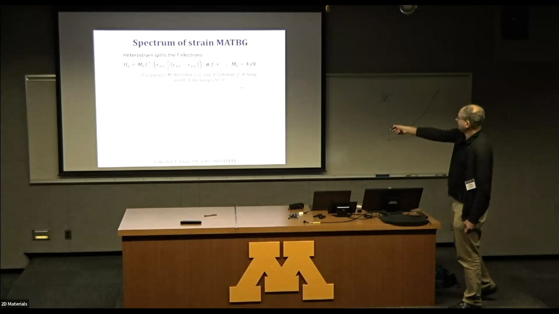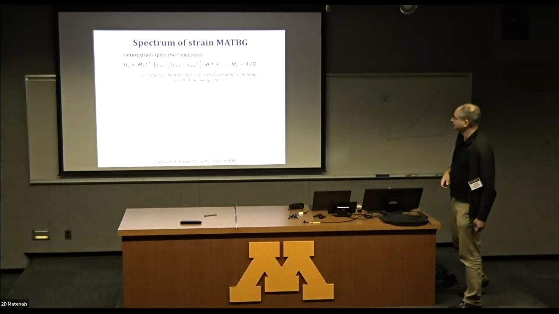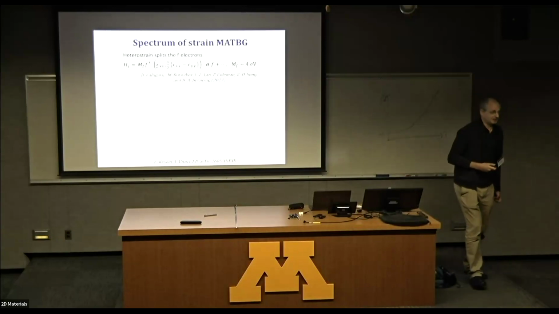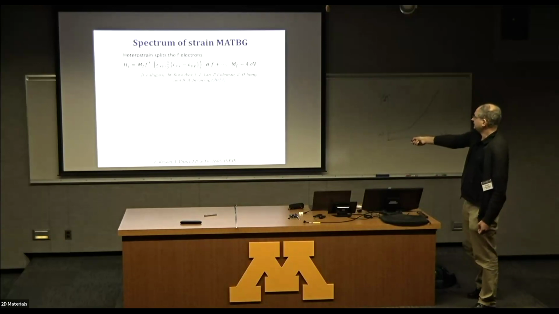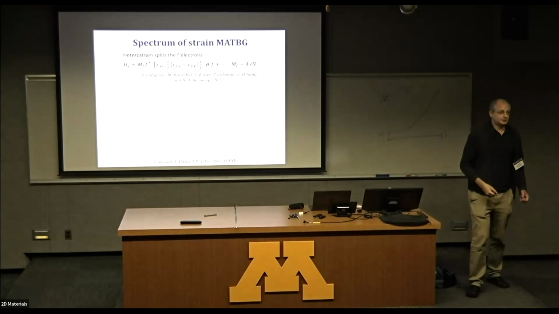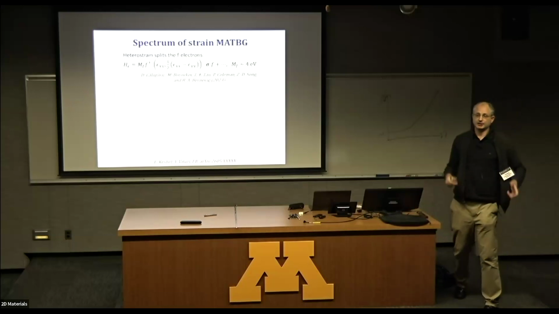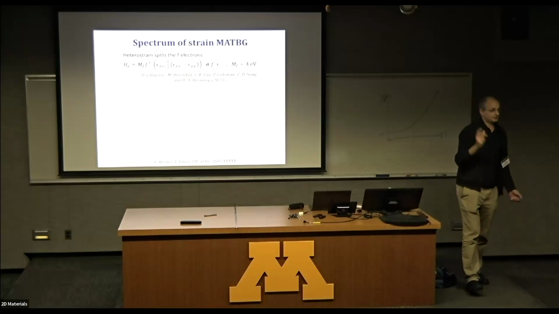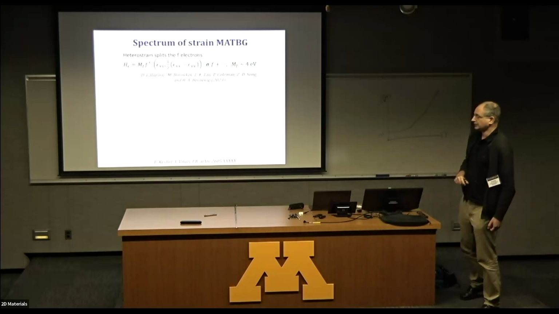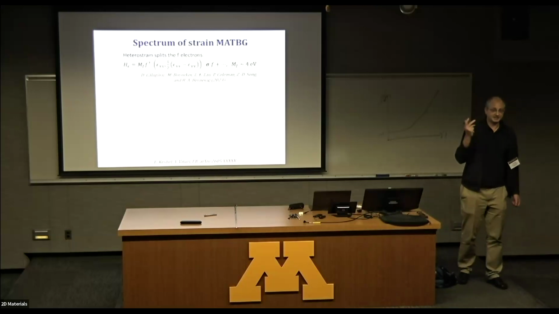So we did that. We know how to introduce strain into the topological heavy fermion basis. That's done in this paper. The main thing that strain does is extremely simple. It simply splits the energy of the two f orbitals. These two f orbitals under C3 symmetry behave like px and py.